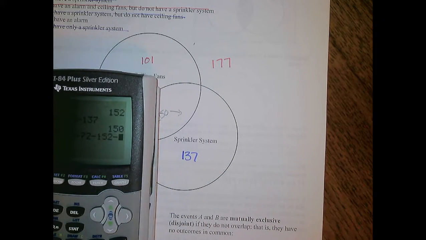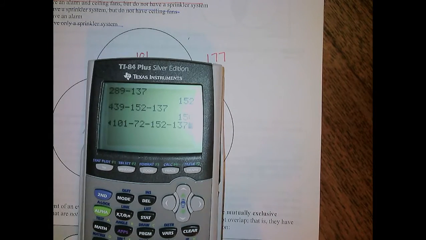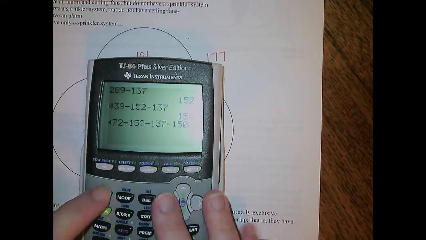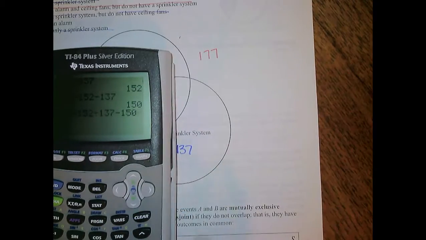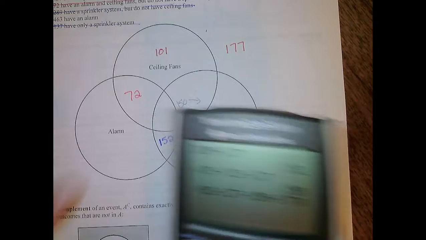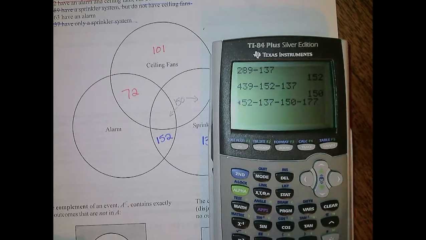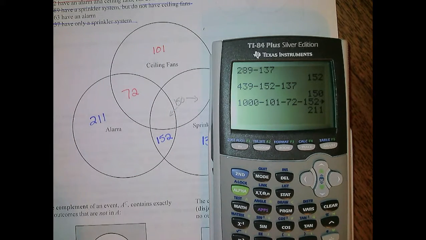I have 137 that have a sprinkler system only. And I don't know what these two regions are individually, but again, I know that between the two, they have 150. So if I subtract all of those, and I subtract the 177 homes that have none of the features from that 1,000, I should be left with those individuals that fall within just the alarm group. And so what I end up with is that there must be 211 homes that have an alarm.